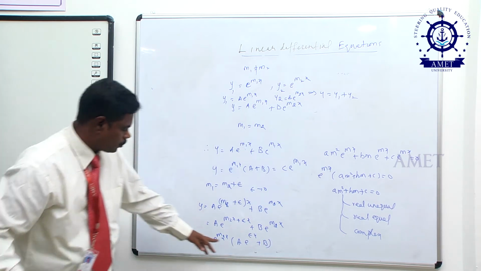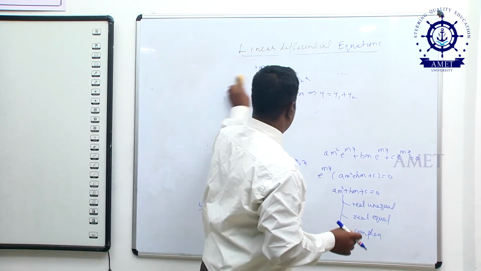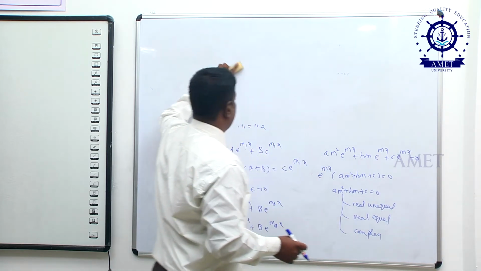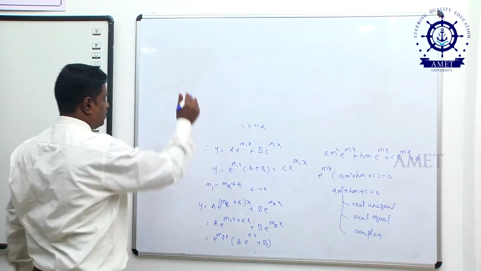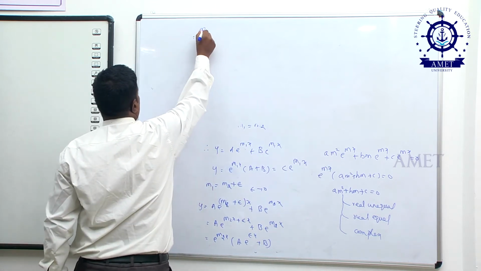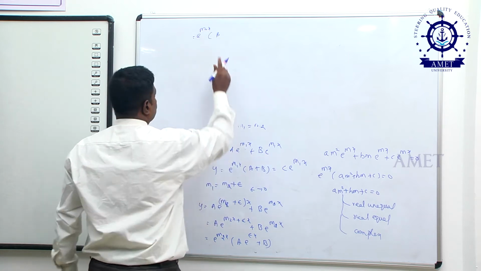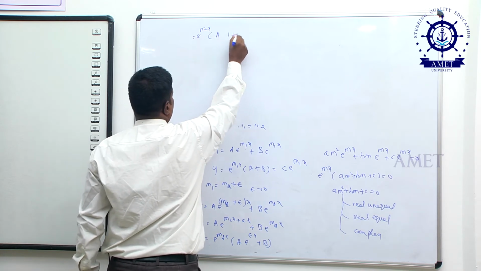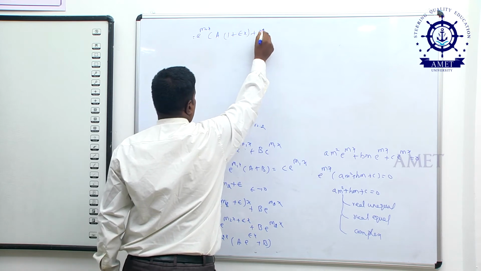Now e power epsilon x is equal to what? Express the exponential function in terms of a polynomial. So e power m2x, this is a (1 plus epsilon x) plus b.